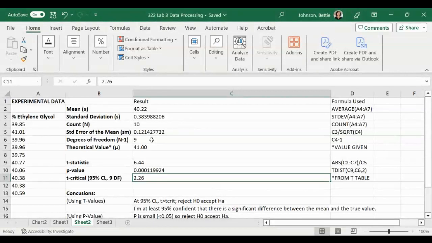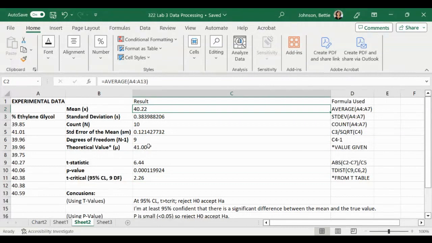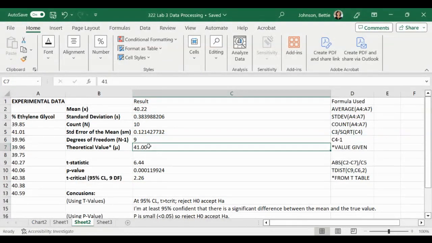And because of that small probability, we know that there is a very strong likelihood that there's a significant difference between the average that we calculated for our measurements and the known value. It's kind of interesting because our average was 40.22, the known value was 41.00. When you look at those two numbers, they don't seem to be all that different, but the statistics say that there is a significant difference between them.